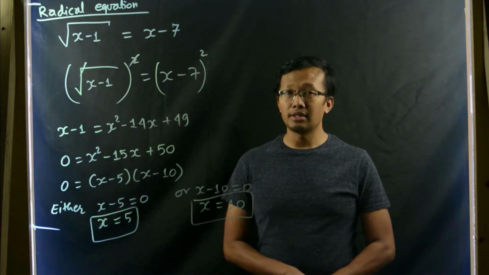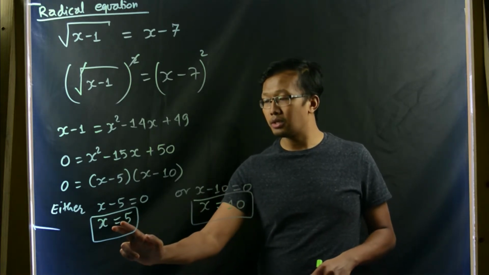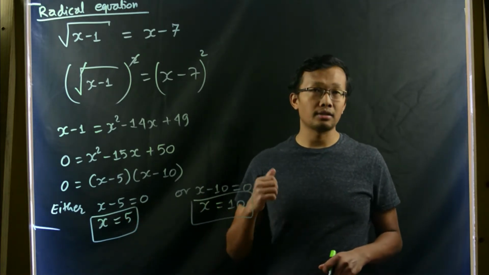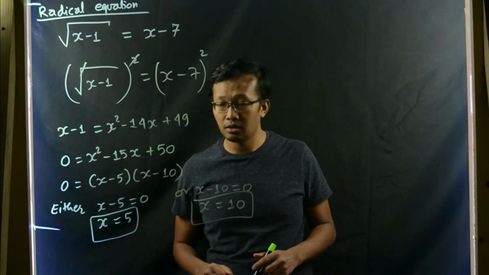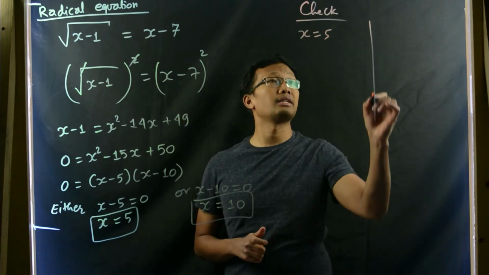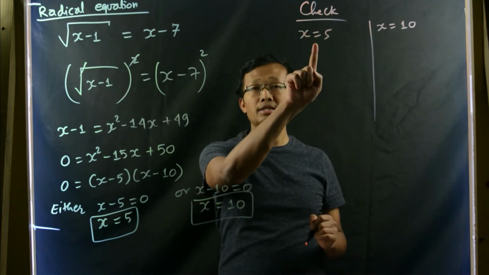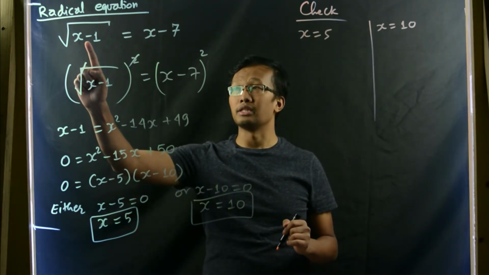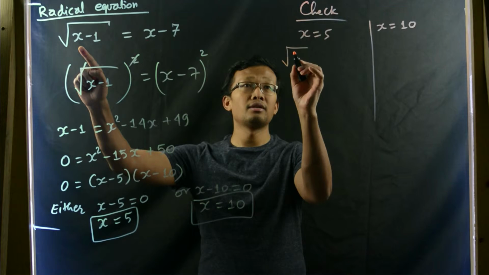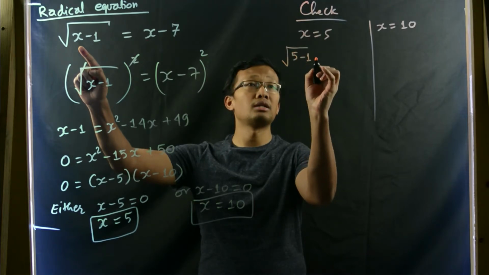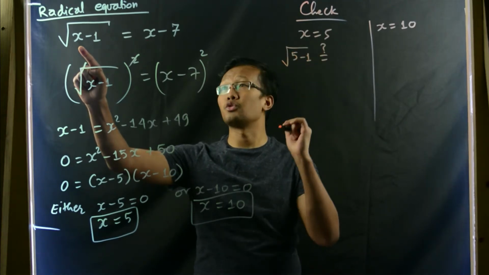Now after solving this, we need to check whether these answers are correct solutions of this equation or not, x equals 5 and x equals 10. Let us plug in x equals 5 in this equation. So that would be the square root of 5 minus 1. We are not sure whether this is true or not.